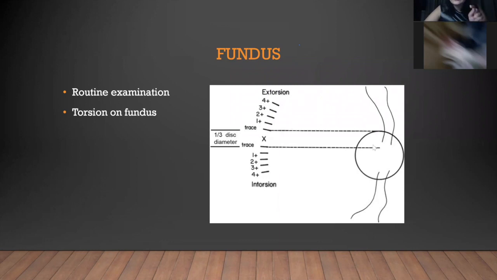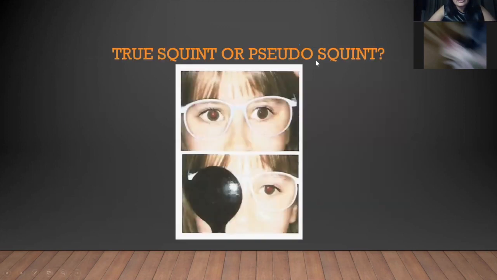This is the inverted image that we actually see on indirect ophthalmoscopy. So while you're seeing the fundus on an ophthalmoscope, if you see that this foveal reflex is falling above the superior edge of the disc, it is +1, +2, +3, +4 extorsion. Okay. And if it is falling downwards, it is intorsion. So when you actually take a fundus photo, it's going to be reversed. Okay, exactly the opposite. That brings us to the end of our squint examination.